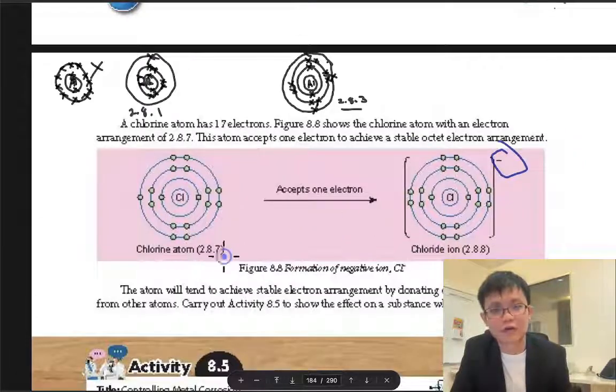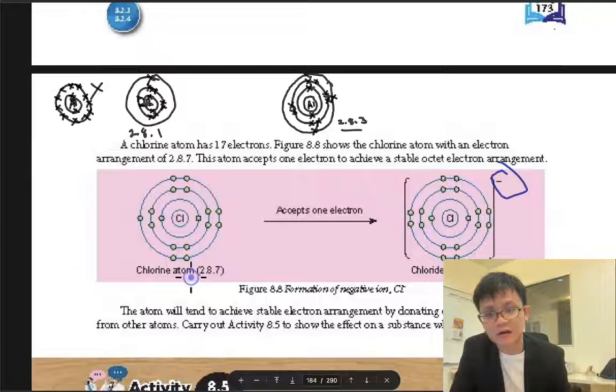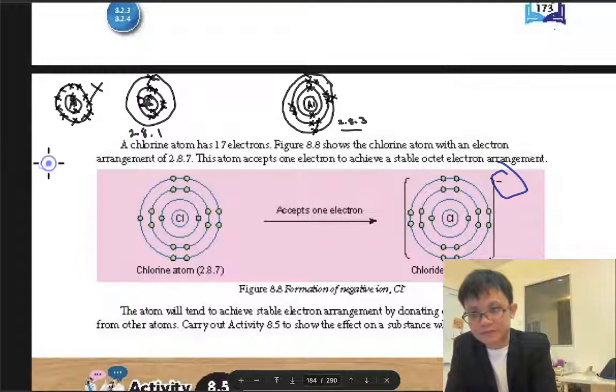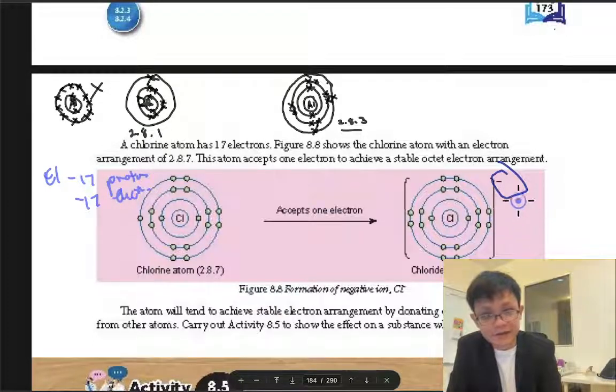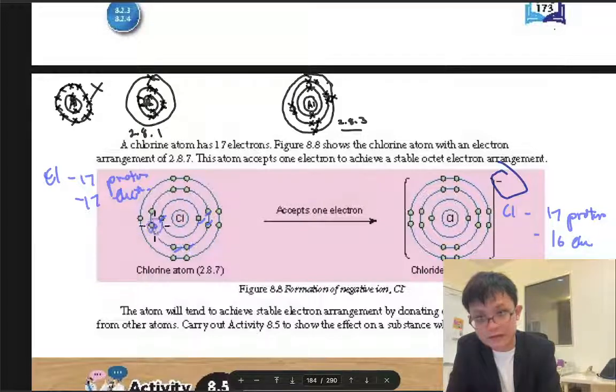Let's take another example, chlorine. So chlorine has how many protons? 17 protons and 17 electrons. And here, chlorine has 17 protons, as I mentioned. Proton cannot change, only the electron, but the electron has become more.